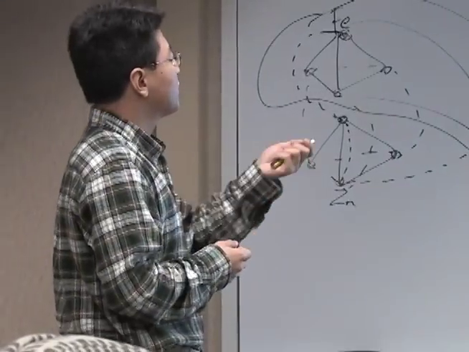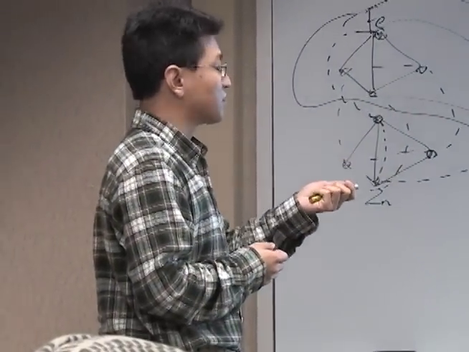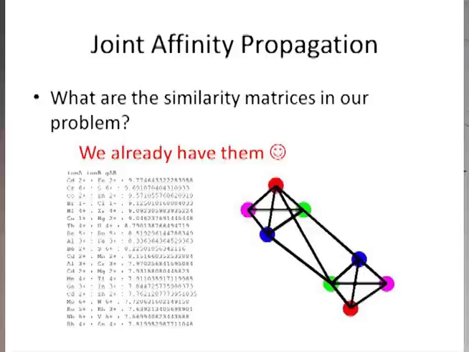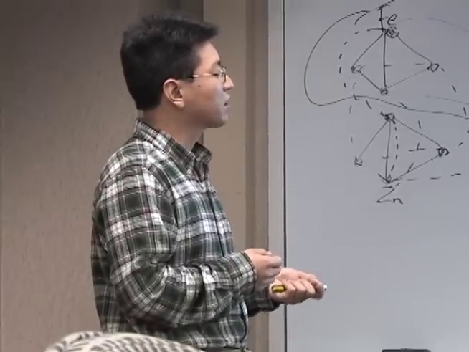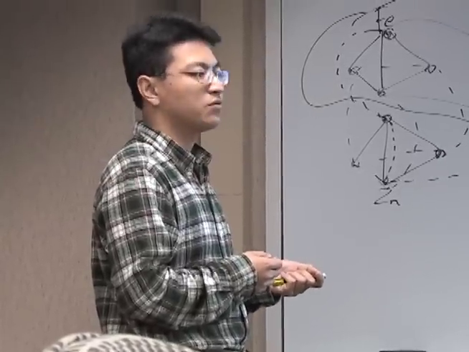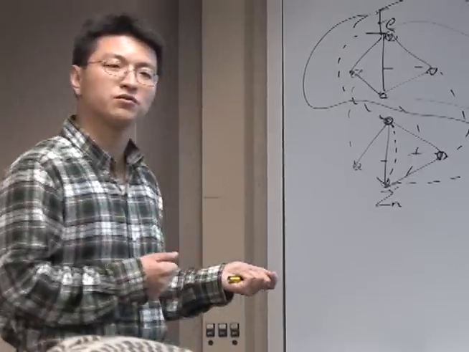So first we can ask what the similarity matrices are in our problem. Well, we already have them. We have this similarity defined between the labels, and this can be extended to be the similarity between nodes, because if we know the ion identity of the nodes, we just use a dictionary lookup.